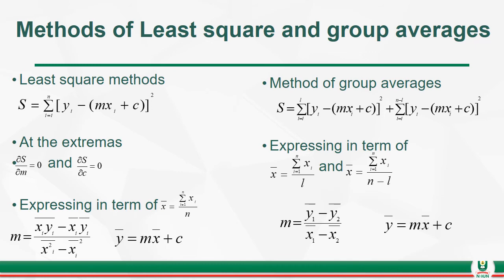If we express this expression and simplify it by taking the summation of the individual terms, then express it in terms of the mean of the individual values by dividing both sides by n, that will take us to a gradient or slope m equals the average of xi yi minus the average of xi multiplied by the average of yi, divided by the average of xi squared minus the average of xi, squared.